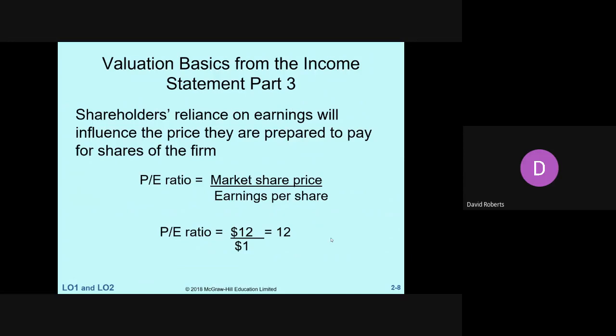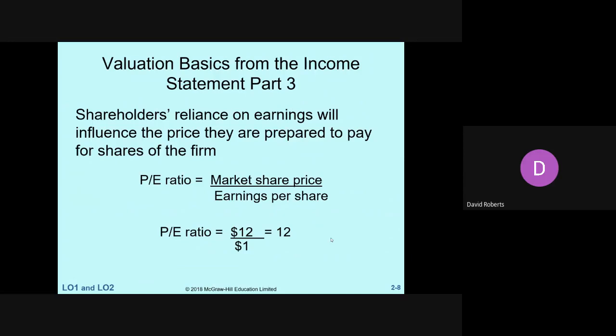So if the earnings per share jump to $2 from the current one, the share price will double and it'll go from 12 to 24. So it's very much like a multiplier that you took in economics. So every dollar of extra earnings per share have a $12 effect on the market share price.